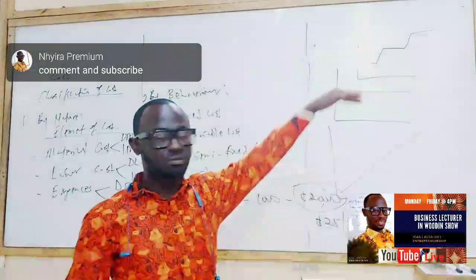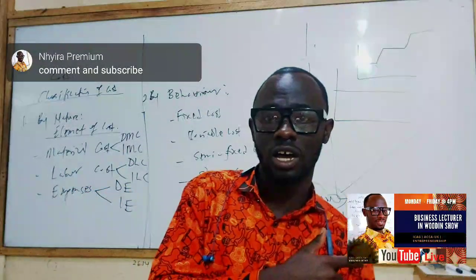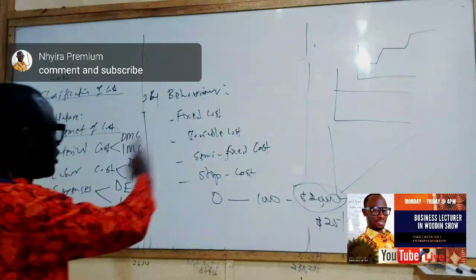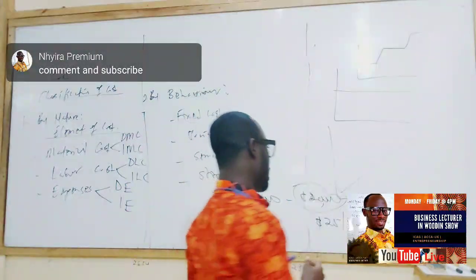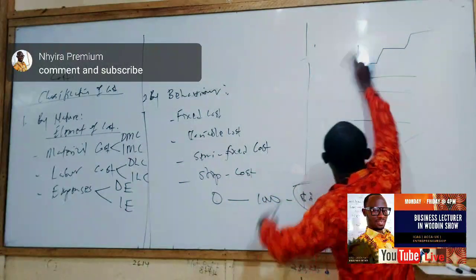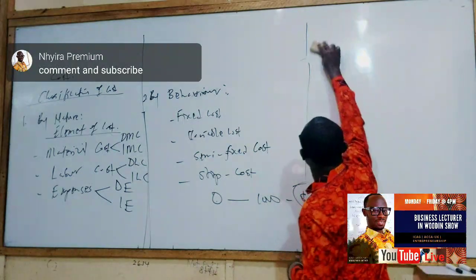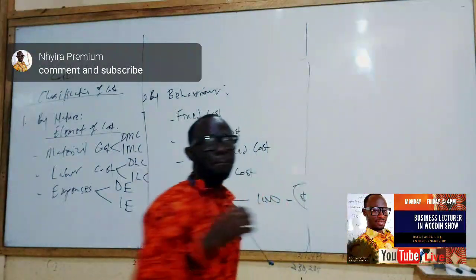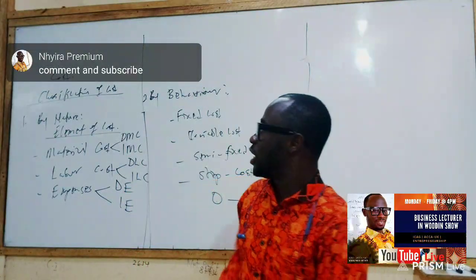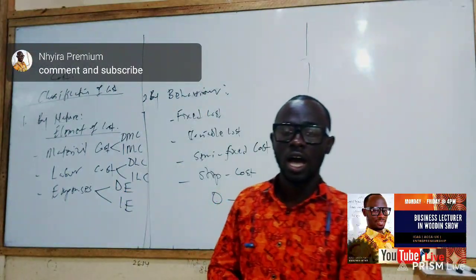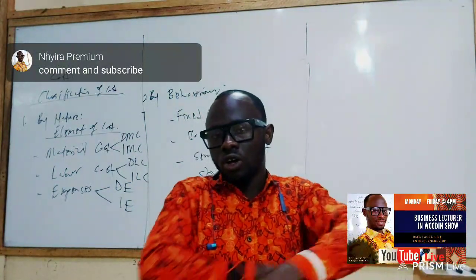That is why it is called the step cost. I'll be solving a question on this particular discussion about cost classification later on, probably in the course of this week, maybe tomorrow or Friday. But one important thing is that when it comes to dealing with cost behavior, we are sometimes going to be given the total cost.